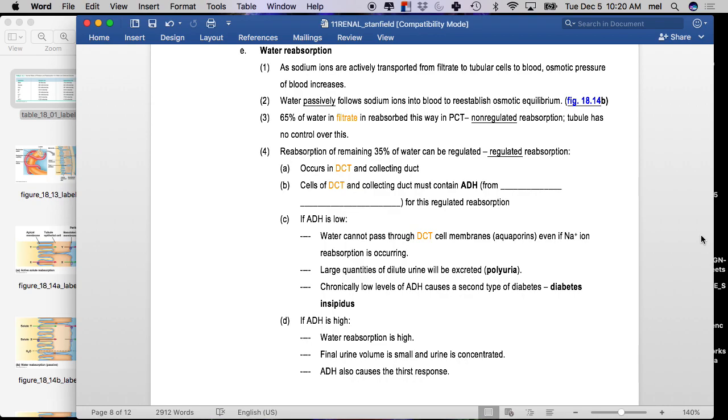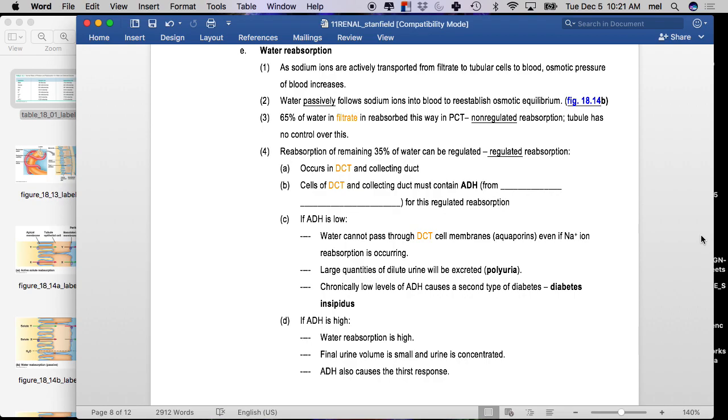So the deal is that in the PCT, if you reabsorb 65% of the sodium, you generally reabsorb 65% of the water too. And you don't have any control over that, it just follows, right? So solutes suck and sodium sucks the most. Okay, but in the DCT, we have a mechanism of uncoupling water from sodium transport or putting it back together.